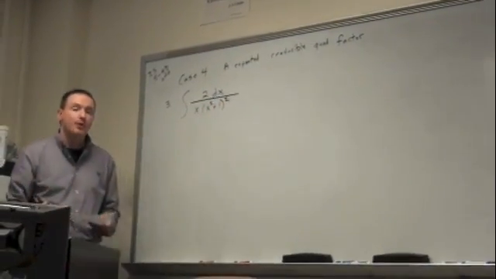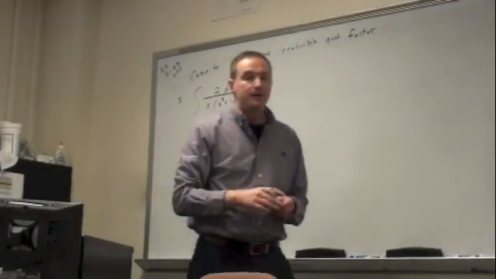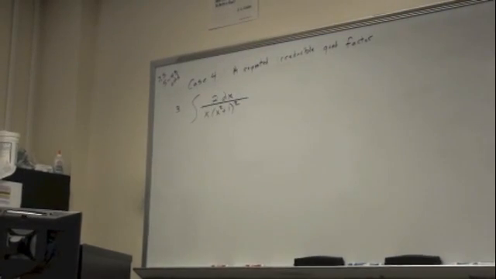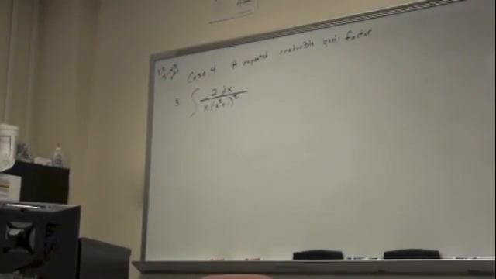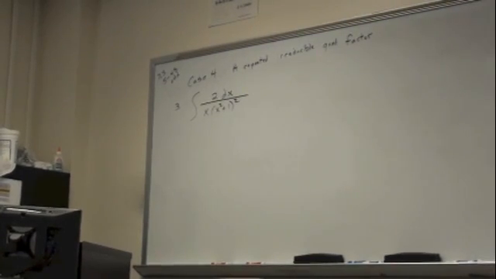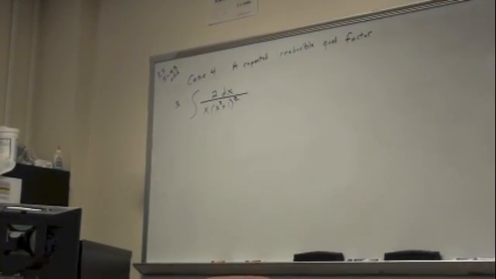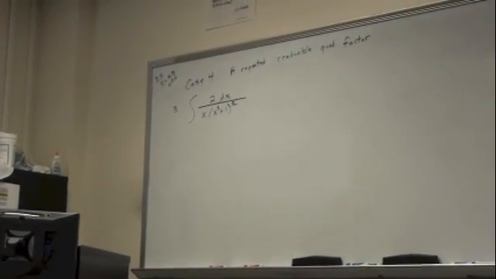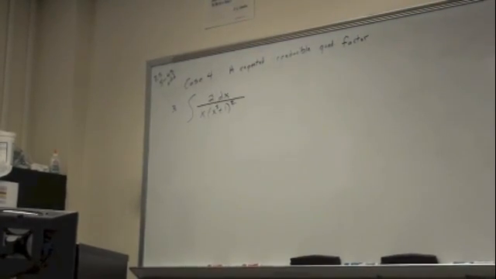So what could I do on a test to test you over an irreducible quadratic factor that occurs multiple times without just making it a test of endurance? Only do one problem. Well, the problem with that is if you get it wrong, you get a bad grade.